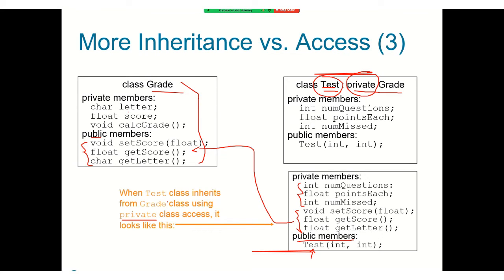But C++ allows you to inherit in three different ways as far as the access modifier goes. So that is a very beneficial and very comprehensive hierarchy that C++ is going to provide you.